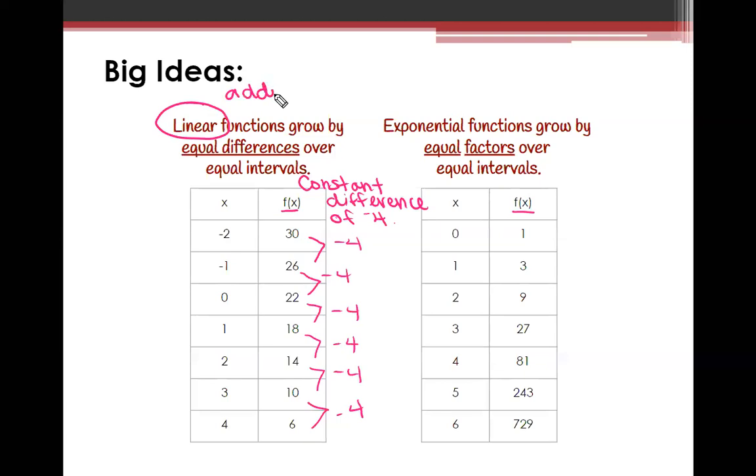Linear is adding or subtracting by a constant difference. If these numbers were to change up, would that be a constant difference? No. Good.